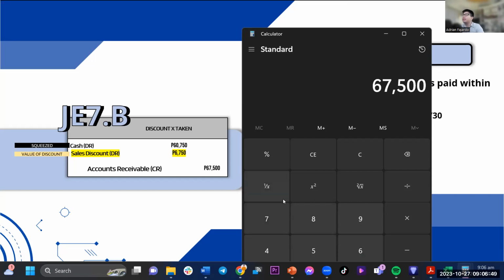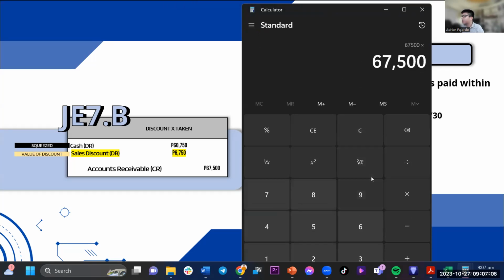Now, imo-multiply natin yung sales discount of 10%, not with the sales price before of 75,000, but the current balance of the accounts receivable. So, next step is you find the debit of sales discount, which is 10%. So, times 0.1. So, 6,750 yung debit ng sales discount. And then finally, the last step is you squeeze cash with 60,750.